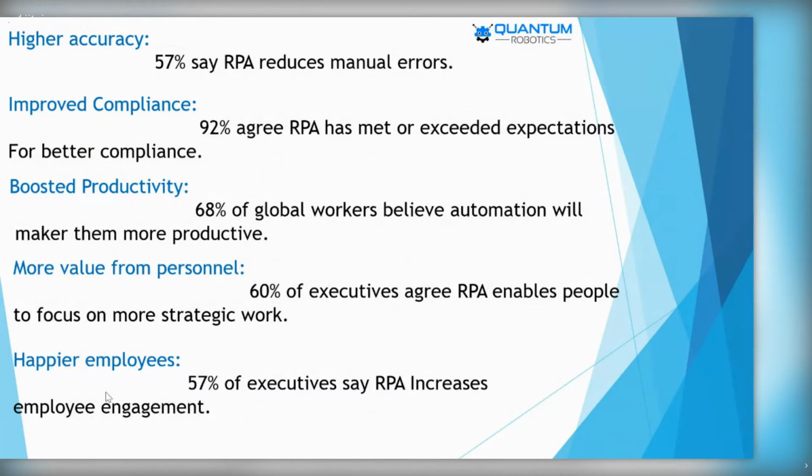Boosted productivity. 68% of global workers believe automation will make them more productive. Boosted productivity means that 68% of people are going to use this robotic process automation.